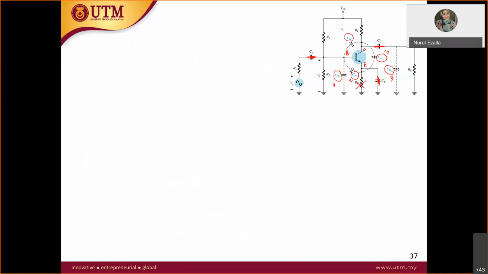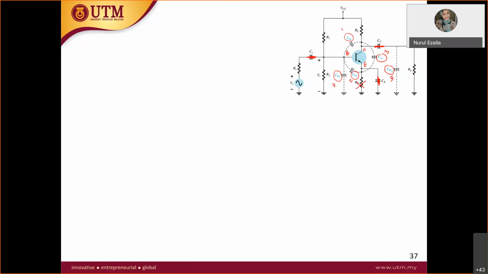So you have 5 capacitances, and the coupling capacitors are shorted. The only things remaining in your circuit are the internal capacitances, as well as the wiring. So let's do the high frequency equivalent circuit.